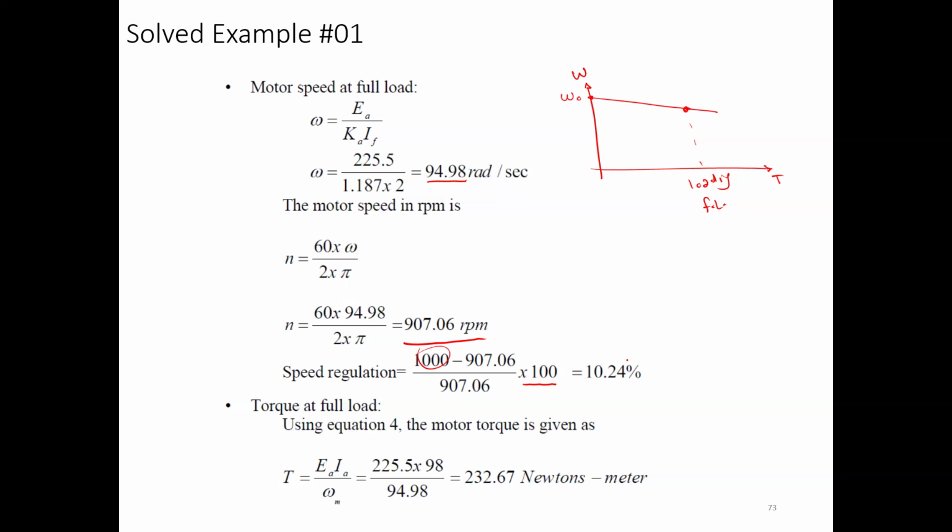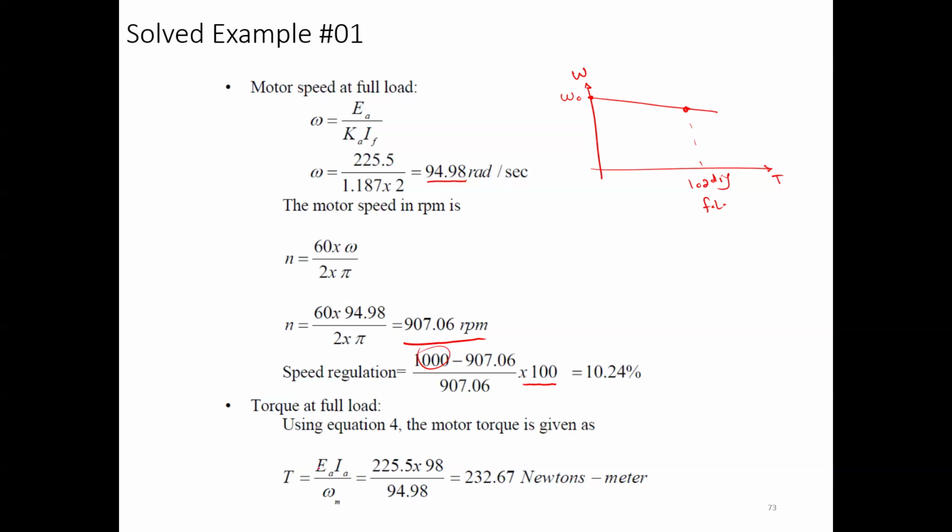Now we need to calculate the full load torque. So the full load torque can be obtained either from power and speed or Ka phi times Ia. So let's get it from power. So we have Ea and Ia.